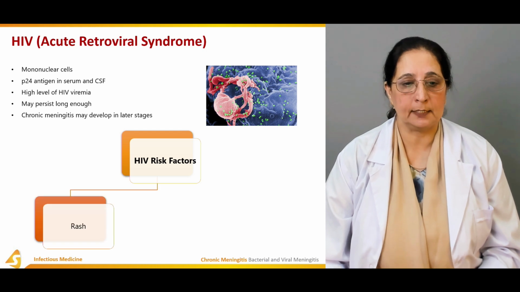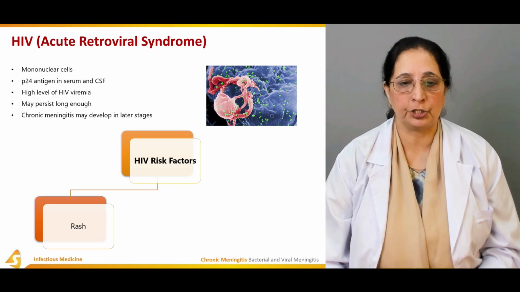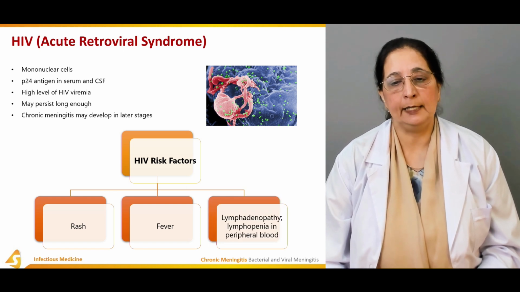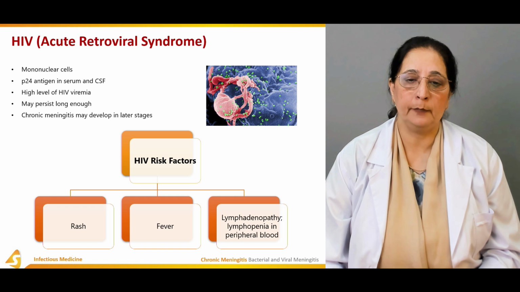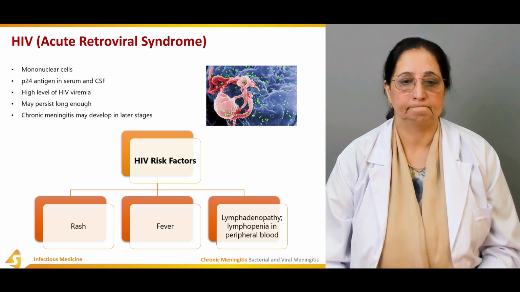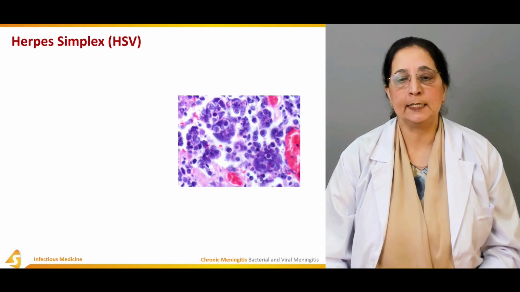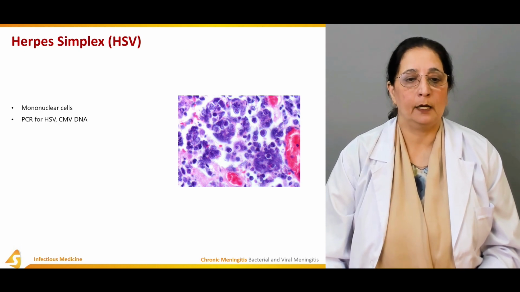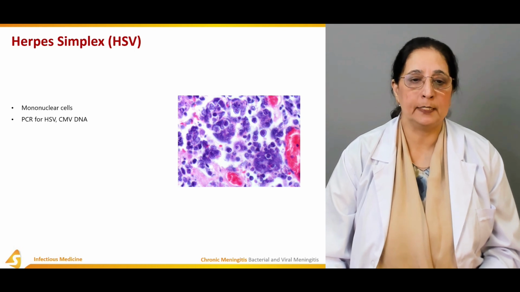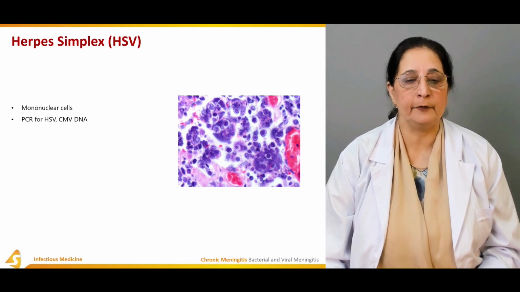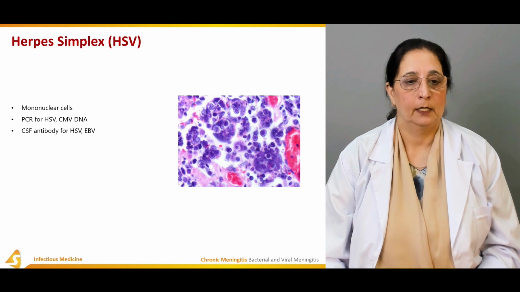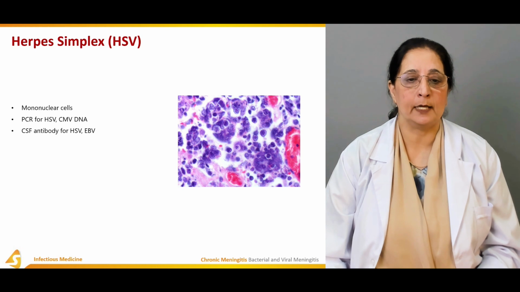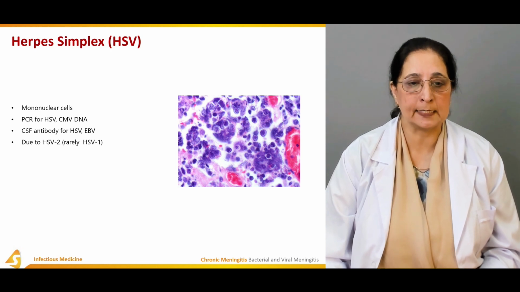HIV risk factors: there is rash, fever, lymphadenopathy, lymphopenia in the peripheral blood. Herpes simplex virus: mononuclear cells, PCR for herpes simplex virus, CMV DNA, CSF antibody for herpes simplex virus and Epstein-Barr virus.